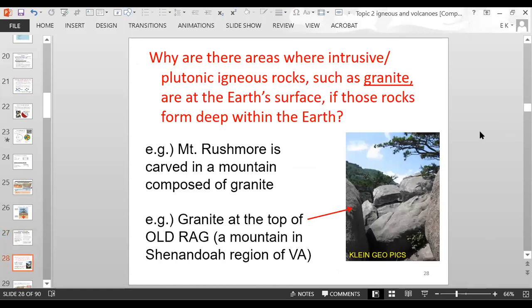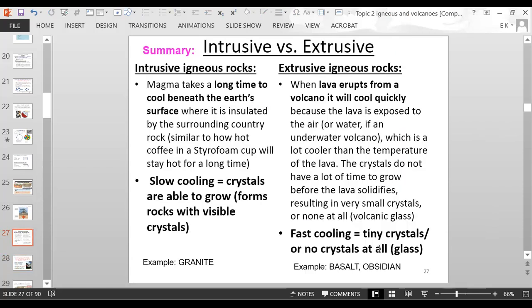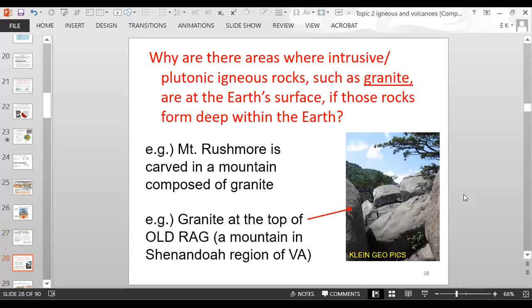Now, a little bit later in the lecture, I have pictures of different rock types. So you'll see what a basalt, obsidian, and granite look like. I did show you granite already. Obsidian I showed you at the very beginning of the lecture as well, but we'll look at these again.